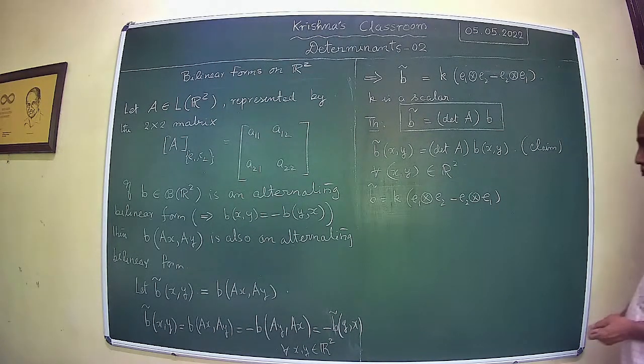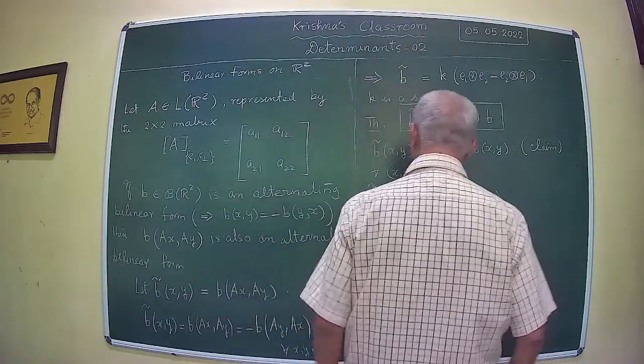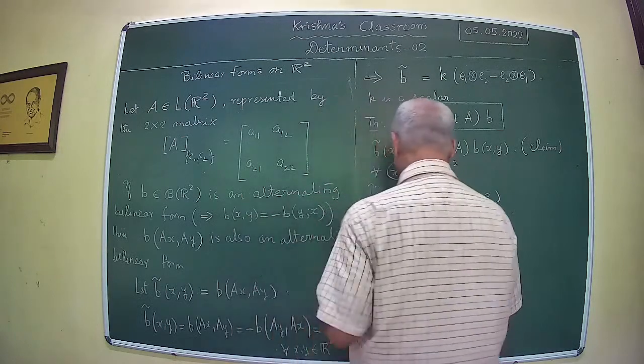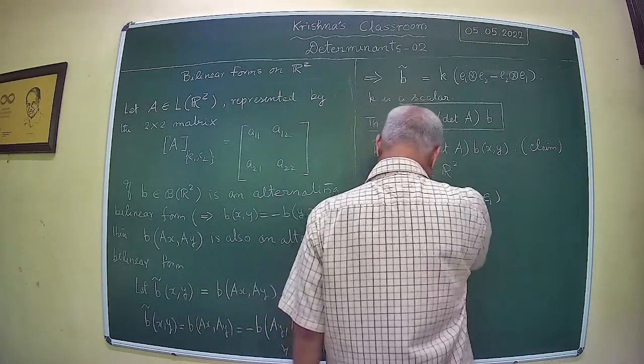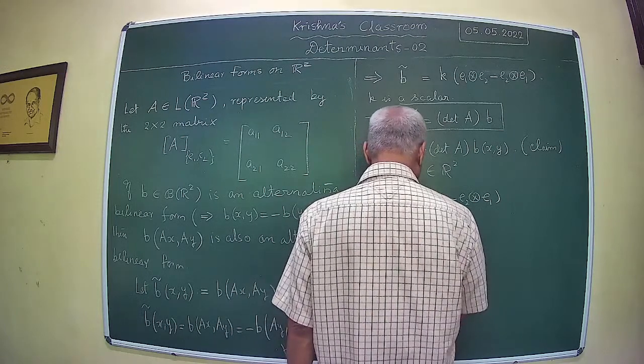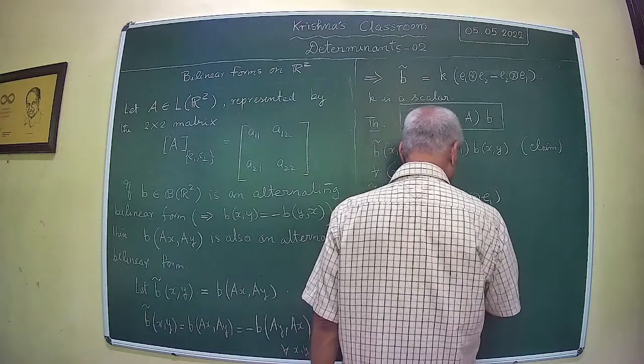That's clear. What about B? B is also equal to c times u.